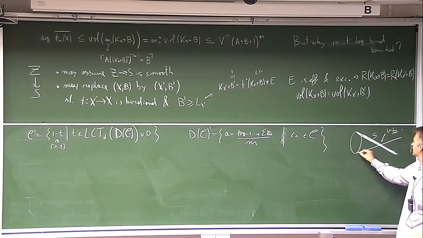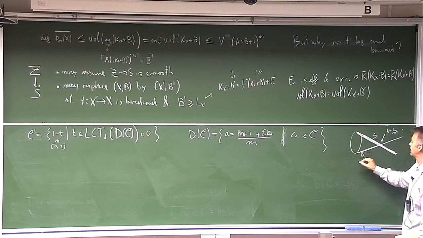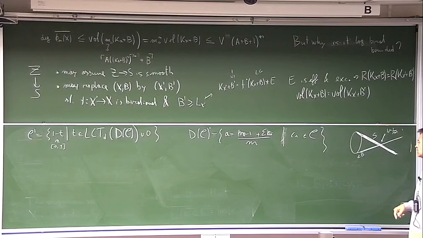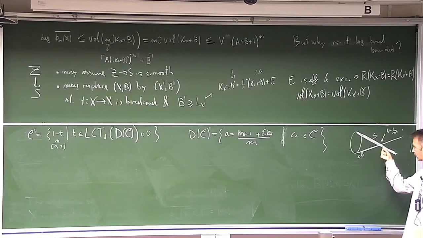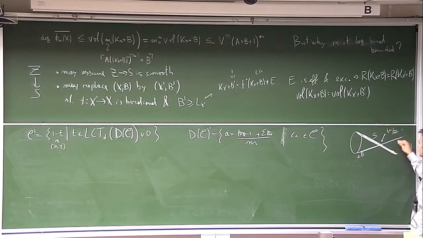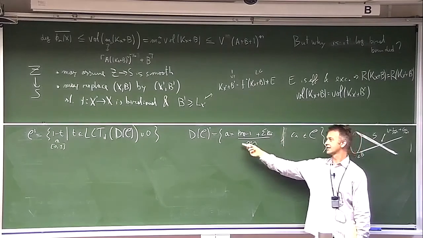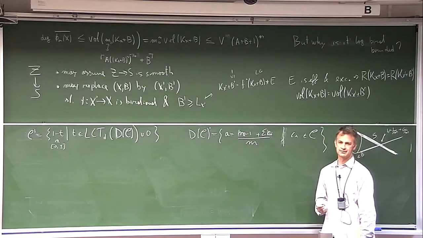Now, suppose that you had another line, let's call it B, with some coefficient little c. Then the intersection number between these two lines is actually 1 over m. The local index of the singularity is m. So when you do adjunction, you'll get a plus c over m coming from here. If you had two lines, you'd have a c1 and a c2 over m. So this is the least complicated the new coefficients can be.